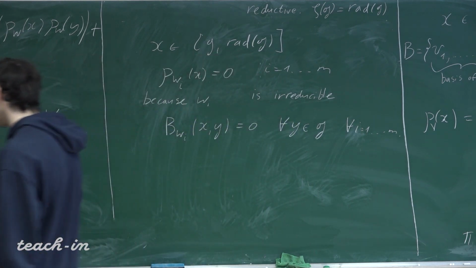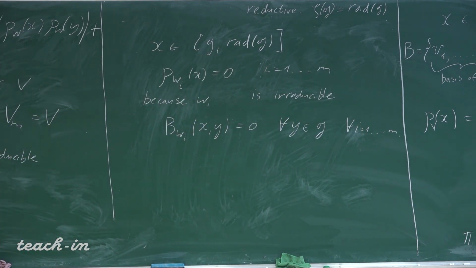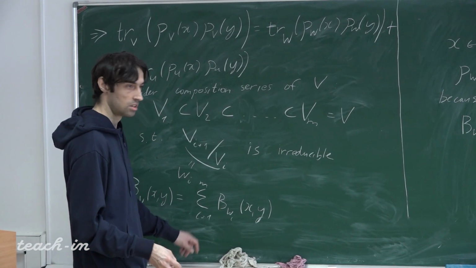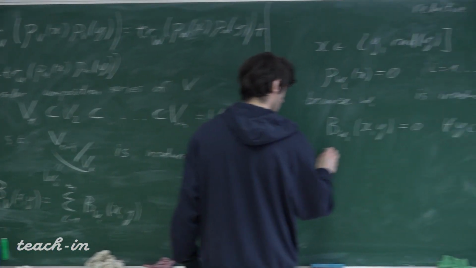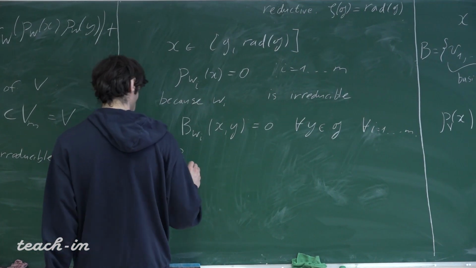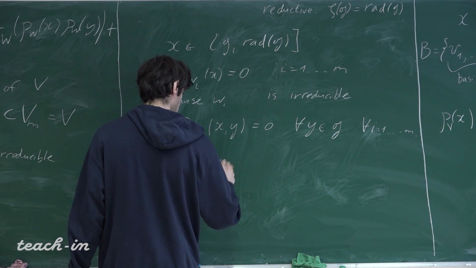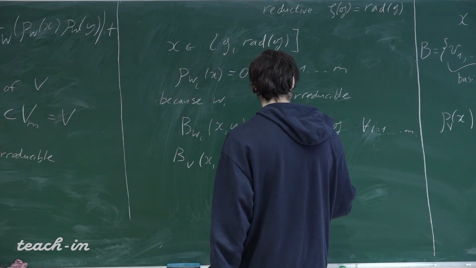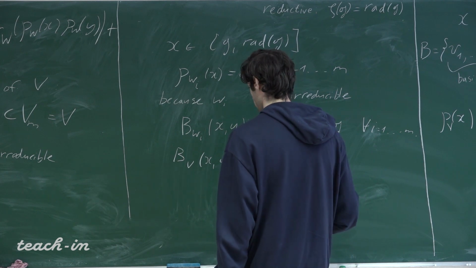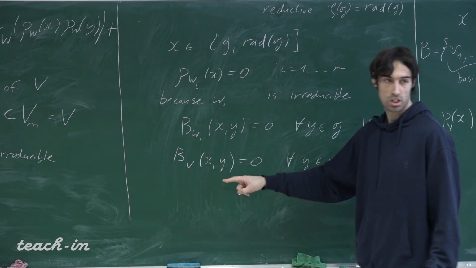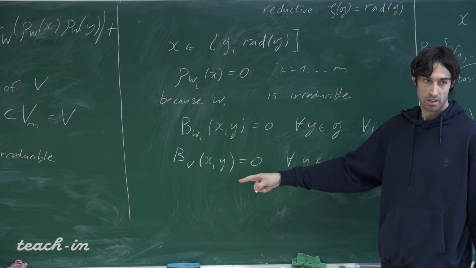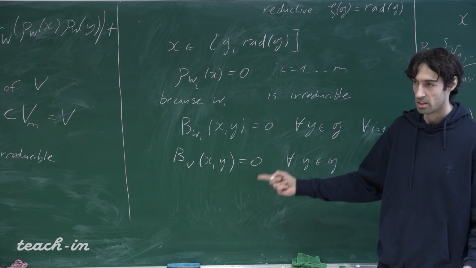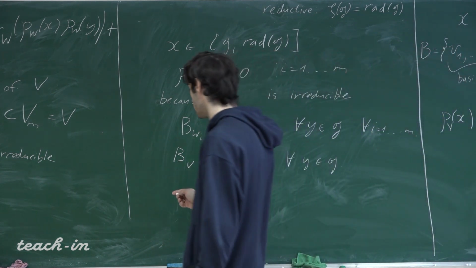So this means that, now I'm using this, Bv of x, y is 0 for every y in G. But we know that the form is non-degenerate, right, by the conditions of the theorem.